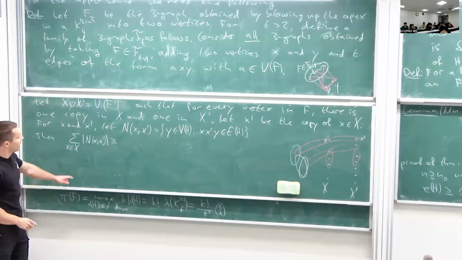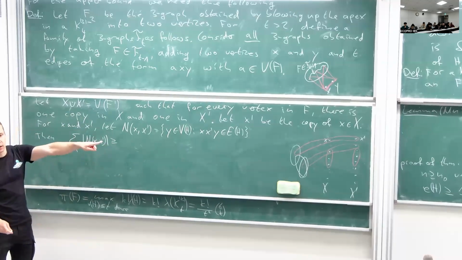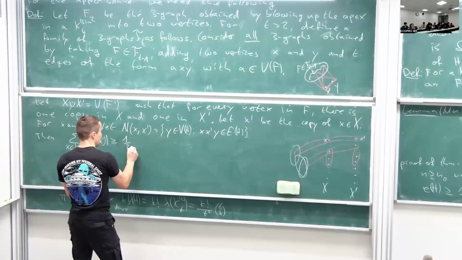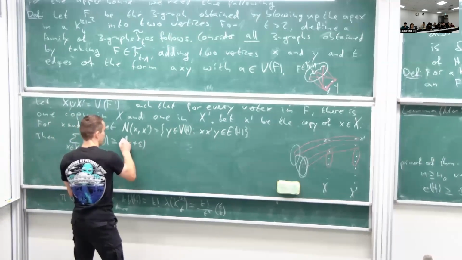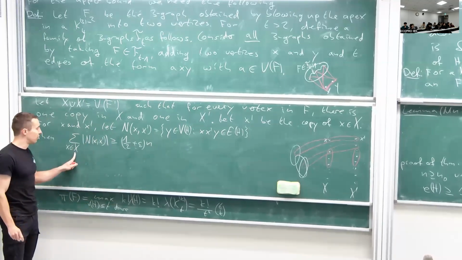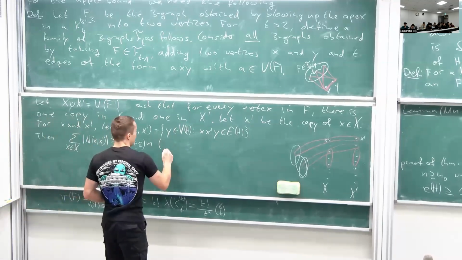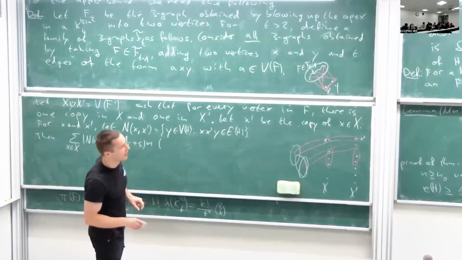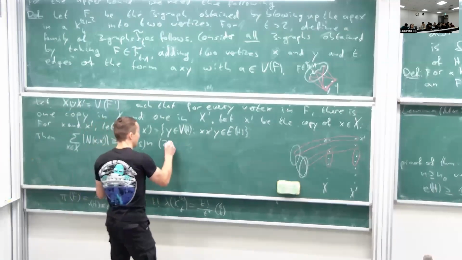Okay, so this co-neighborhood, by the codegree condition, we know that this is at least 1/2 plus epsilon n. And we sum over everything in X. So we can use that we denoted the number of vertices there as 2t plus 1.